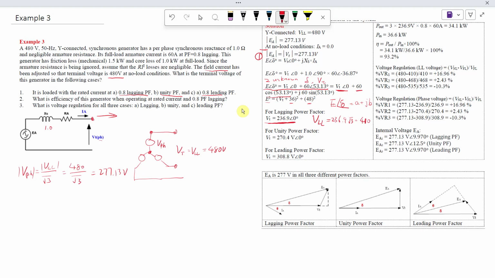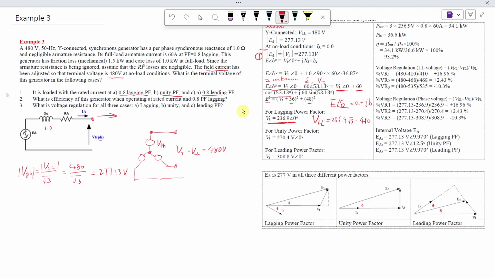Okay, and you can see at no load condition the terminal voltage is 480. With load, the terminal voltage becomes 410, is reduced. That is actually not quite acceptable for a grid-connected synchronous generator.